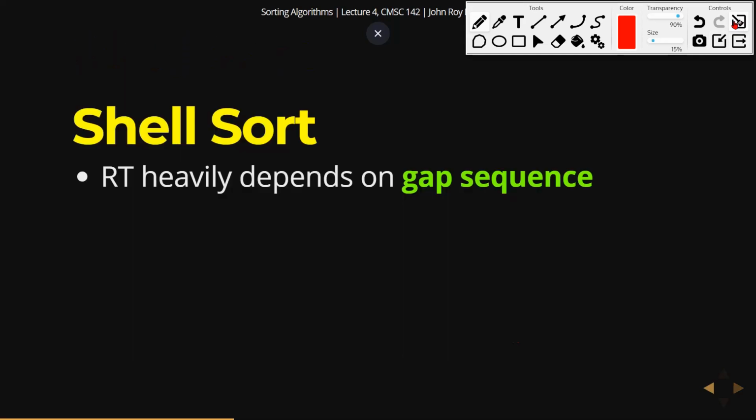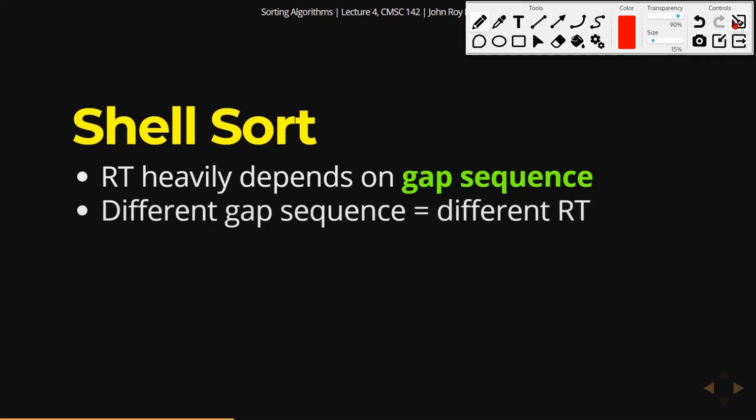Now, for the analysis, we can't do a proper analysis of the shell sort because the running time actually heavily depends on the gap sequence that you use. Okay, so if you have a good gap sequence, it could increase the sortedness of the array faster. But if you have like a random bad gap sequence, it might not help as much.